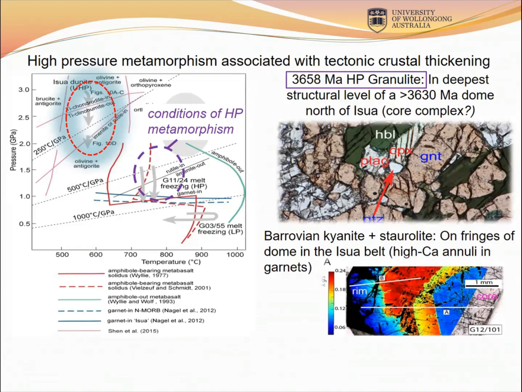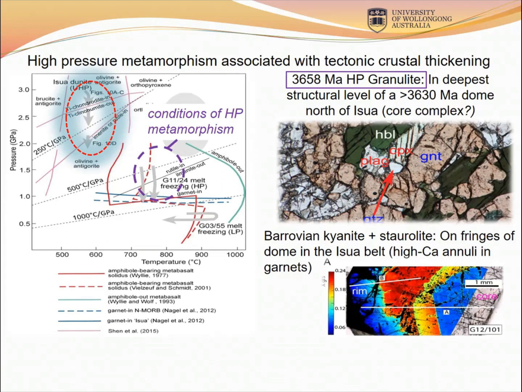So there are also other relics of metamorphism preserved, which are just as telling. And again, this comes from just one single locality in the world where it survived. So this is a so-called high-pressure granulite. In high-pressure granulites, you have to have garnet plus clinopyroxene plus plagioclase plus quartz in equilibrium.